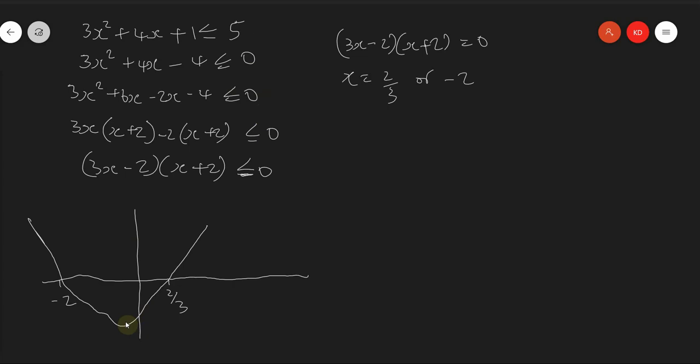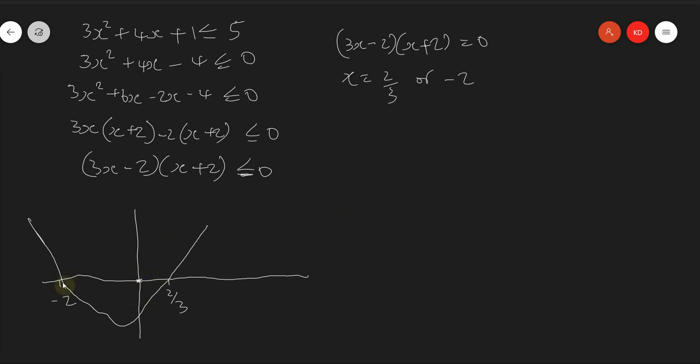Now this function is less than or equal to 0 below the x-axis because all y values below the x-axis are negative, and if it says less than 0, that means negative. Less than or equal to 0, that means also along the x-axis, because the y values along the x-axis are all 0 along the x-axis.